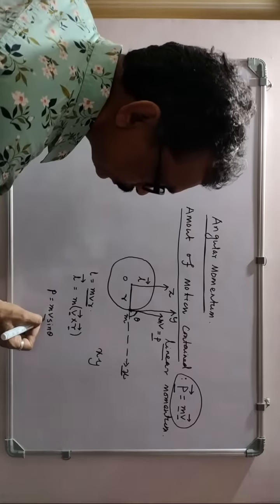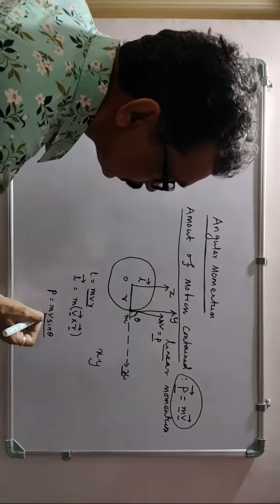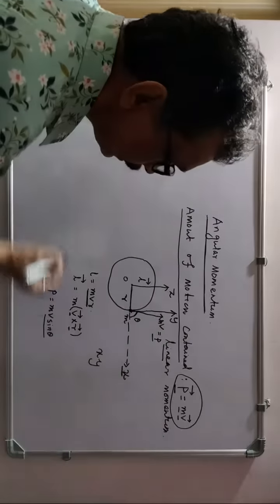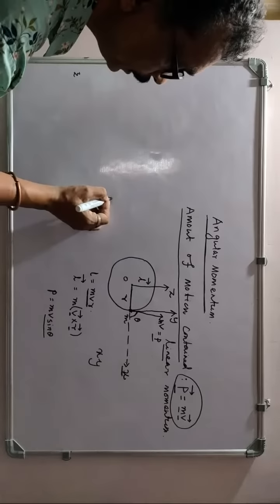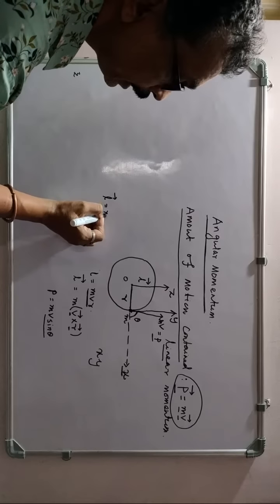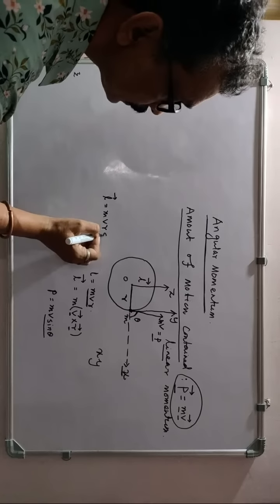That means the velocity depends upon sine theta. So you can write the angular momentum L is equal to m v r sine theta.